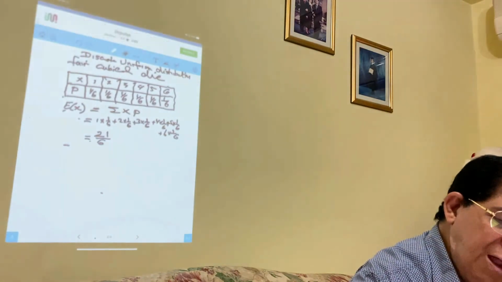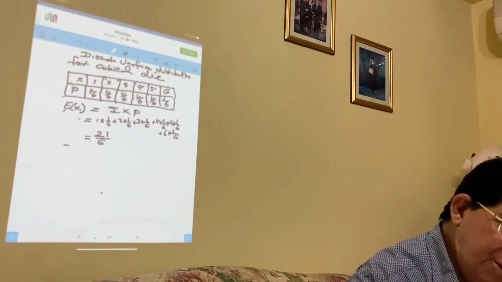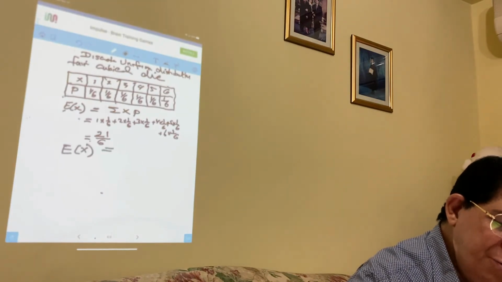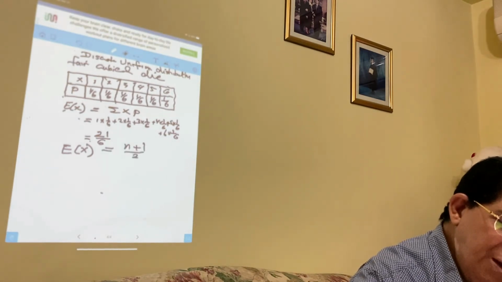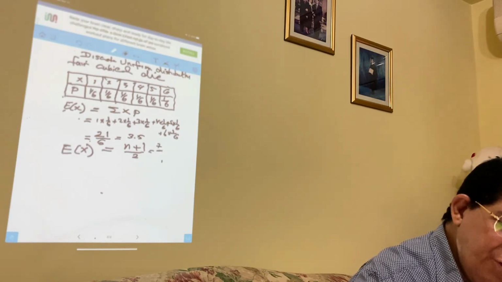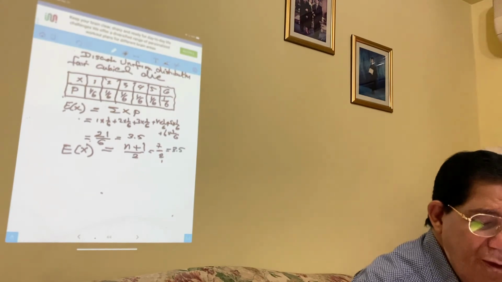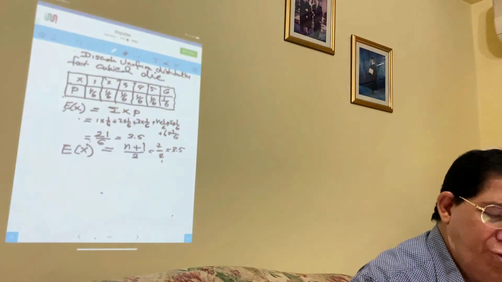Rather than getting the answer by the usual way, we have a rule. The rule says the expectation of x equals n plus 1 over 2. This comes out to 3.5, and the same thing here, the answer is 7 over 2, which is 3.5. This is easier, of course.